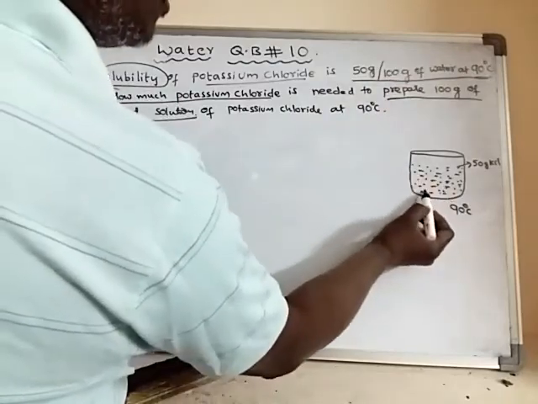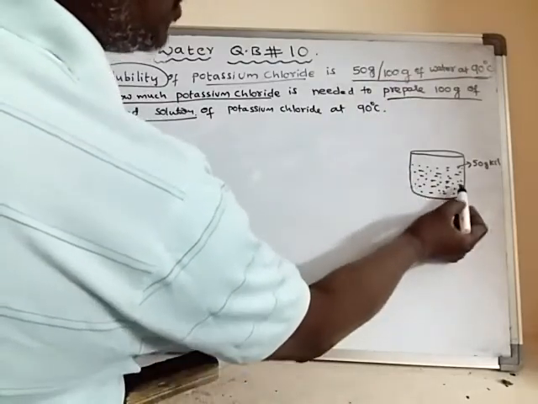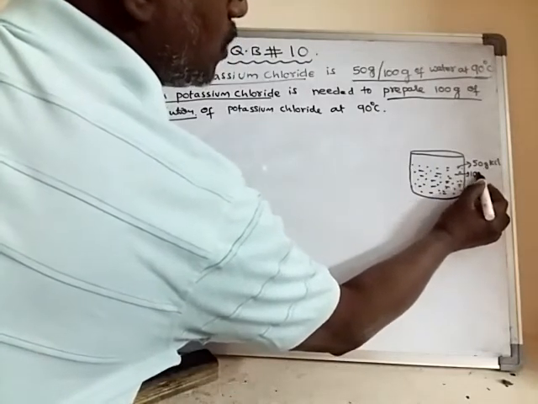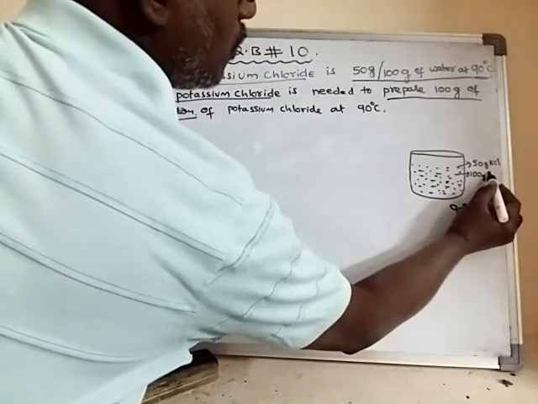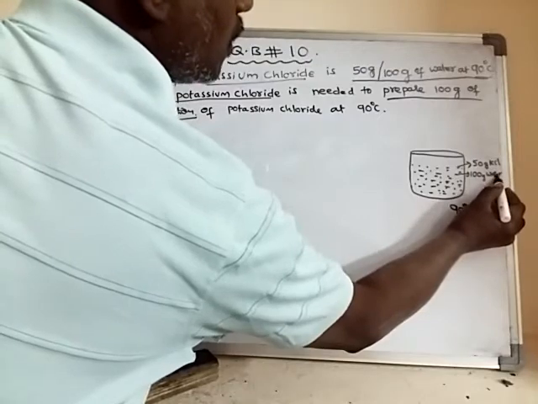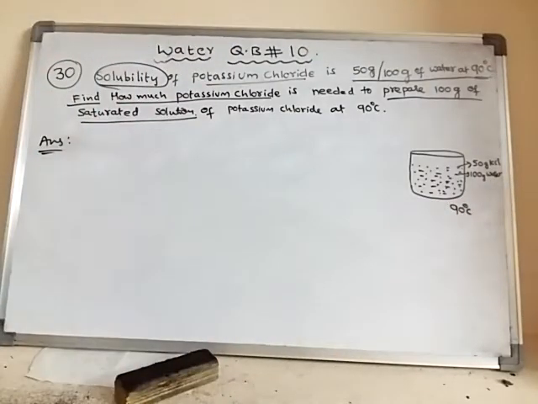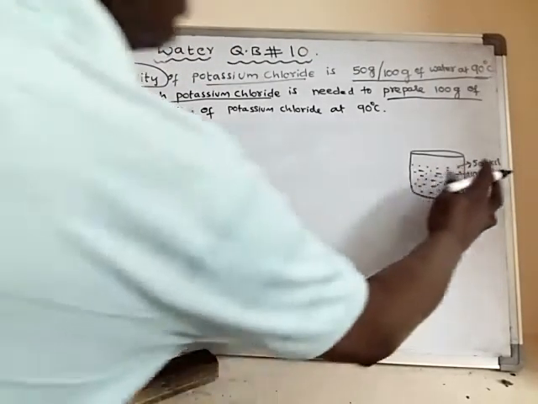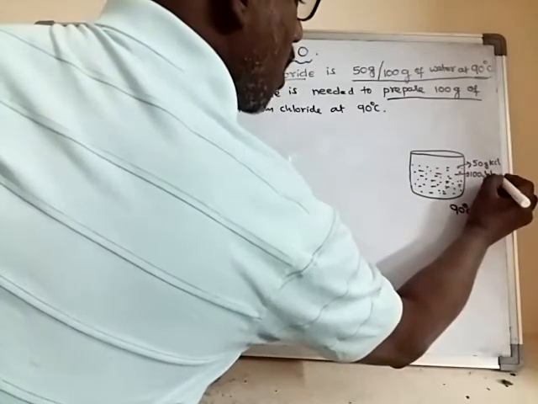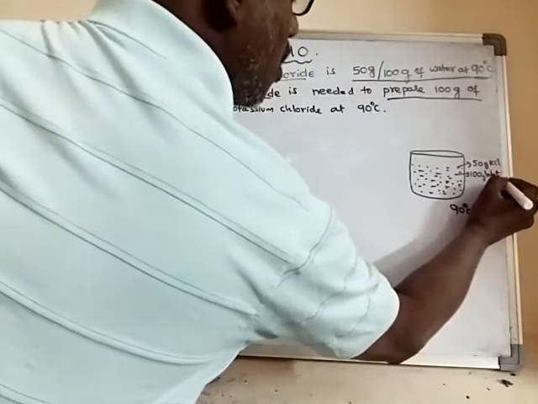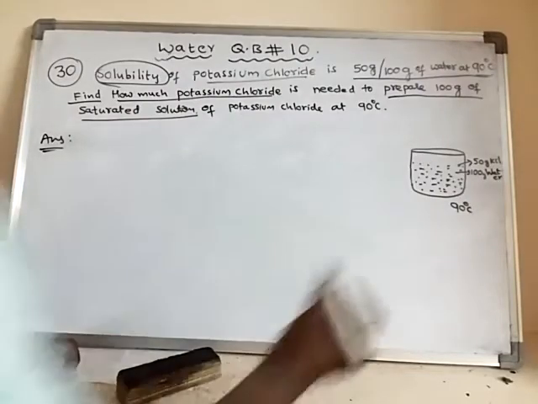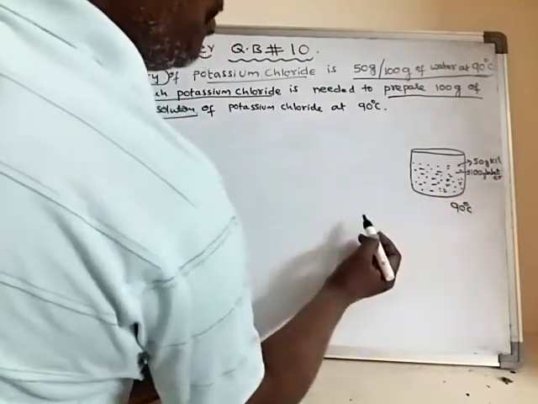So that means if the solution contains 100 grams of water, then it will dissolve 50 grams of potassium chloride.